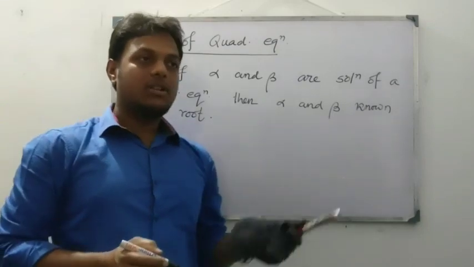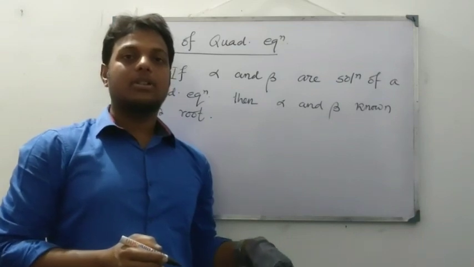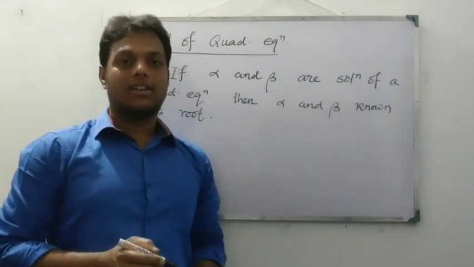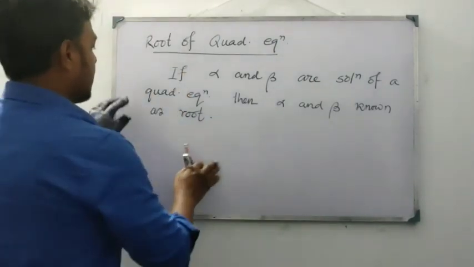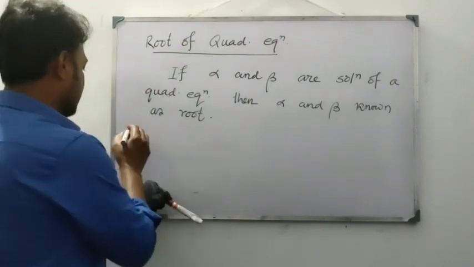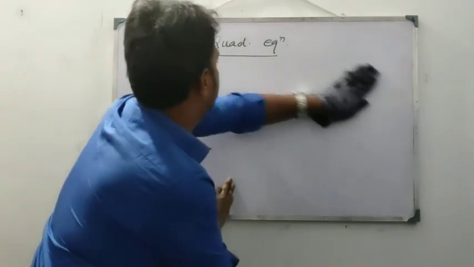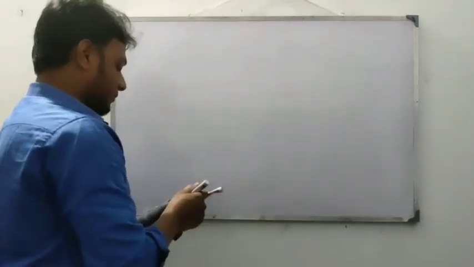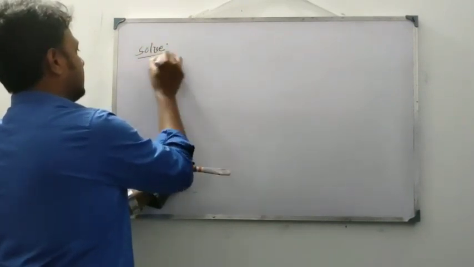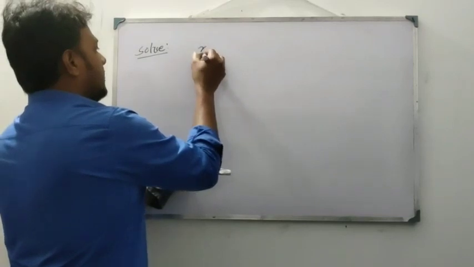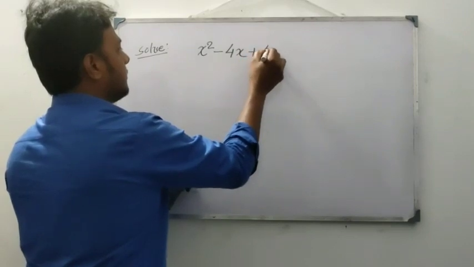In the previous example, the 2 roots are 3 and 2, which are distinct. But I am now considering an example for which you will get roots which are equal. Suppose I am considering this equation. Solve x square minus 4x plus 4 equals 0.